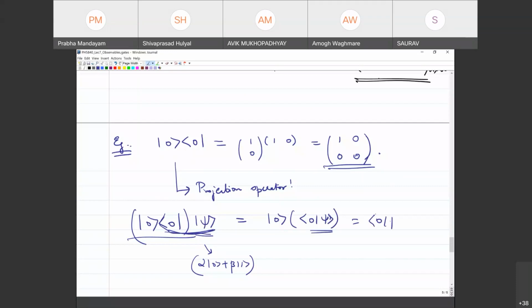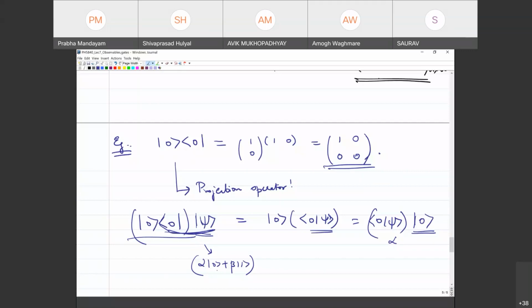I can put it after the vector or in front of the vector, it doesn't matter. The point is, this operator has acted on an arbitrary qubit state psi and projected me to ket 0 itself with some number, which in this case is alpha.